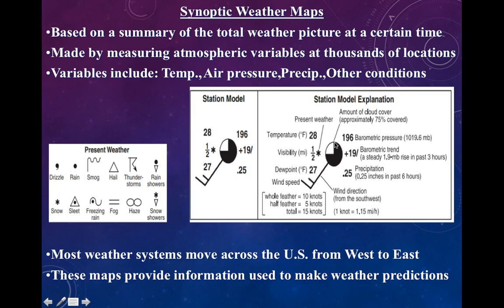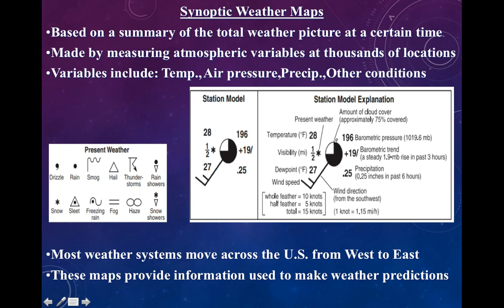So let's break this down. Take a look here, and what you want to look at is you're going to always start with a circle. And that circle is going to tell you a bunch of stuff. So first thing I look at is how much of the circle is shaded in. Now again, you have this on your reference table to do all your questions when you get questions on station models. So if they were to ask you how much of the sky is covered in clouds, how much cloud cover, we're going to express that in percentages.